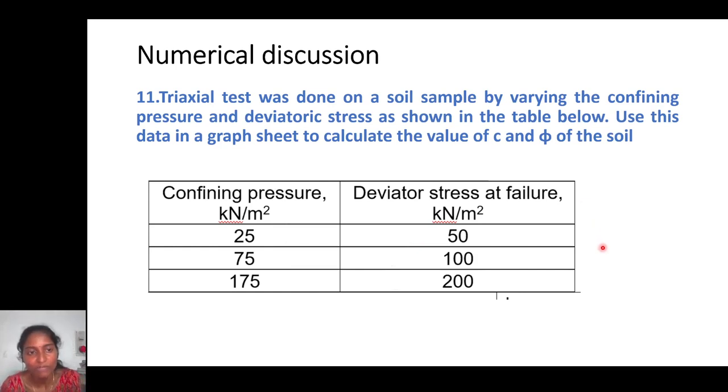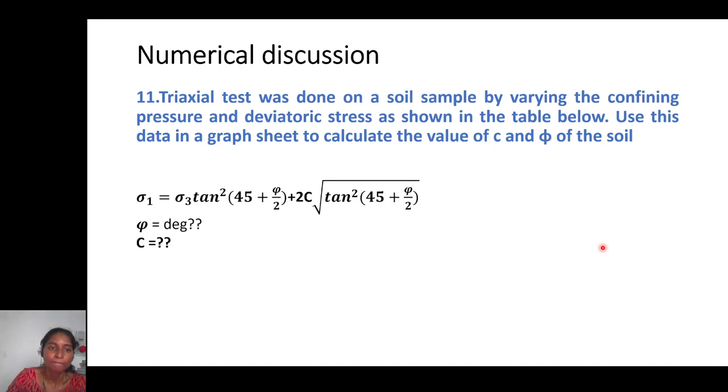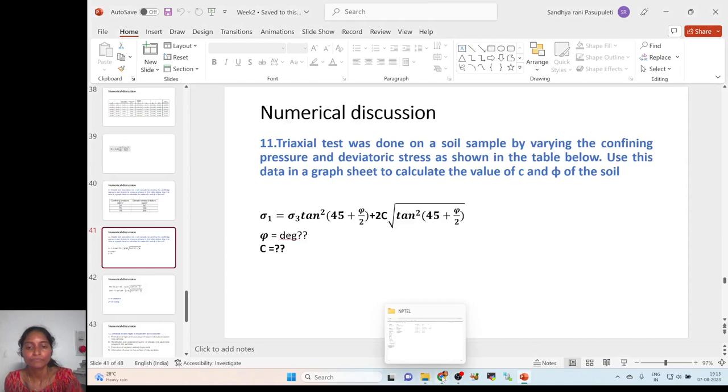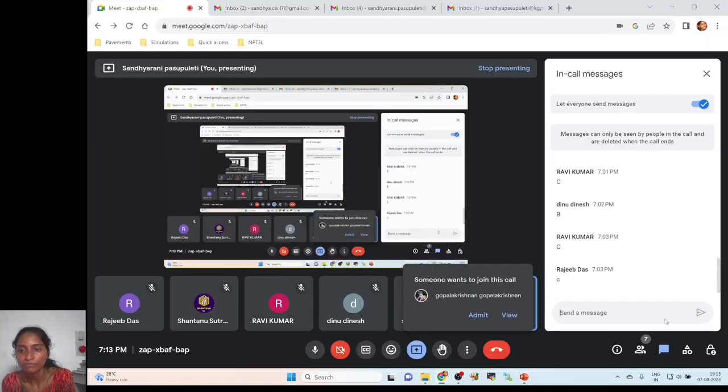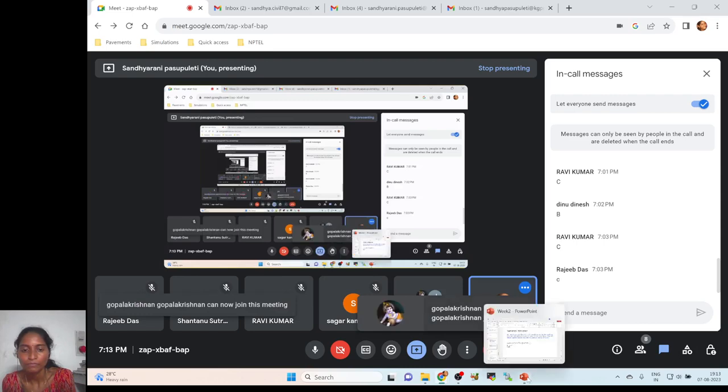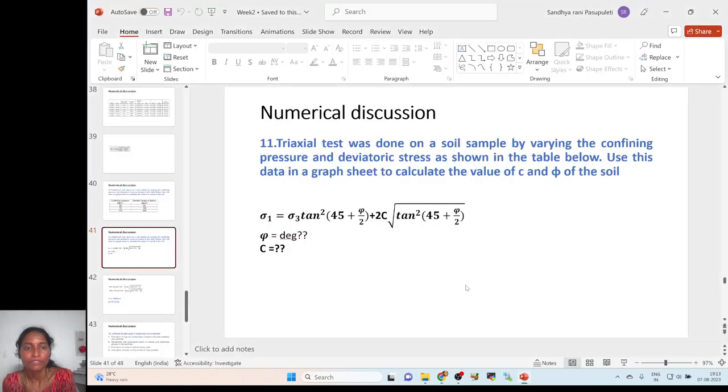So sigma 1, sigma 3 and sigma d are given. You have to calculate C and phi. This is a correlation which I have already mentioned: sigma 1 equal to sigma 3 into... Okay, this is the correlation.